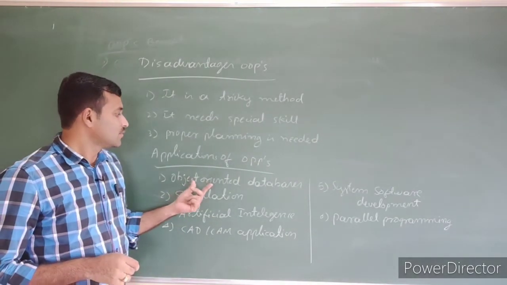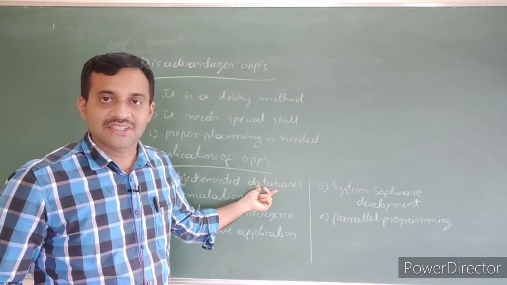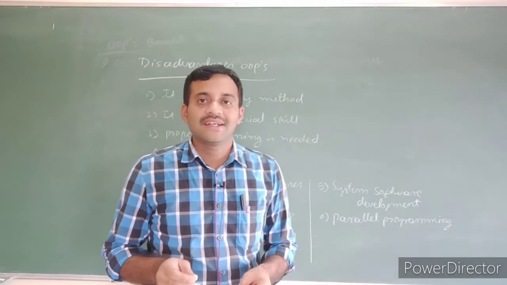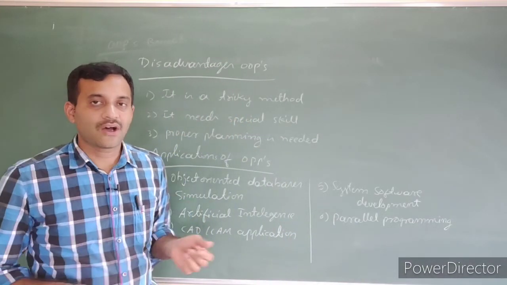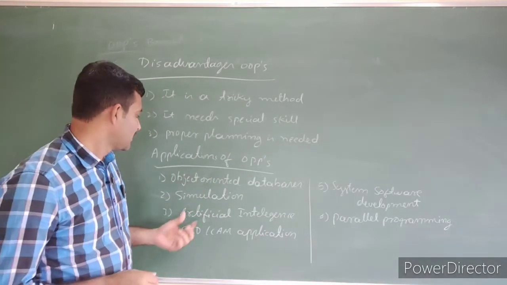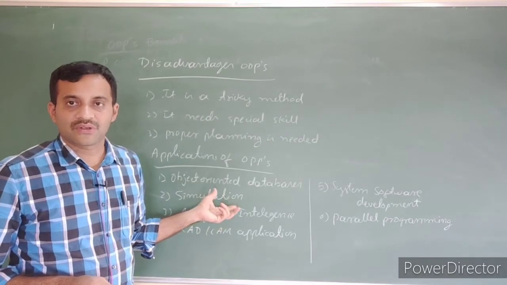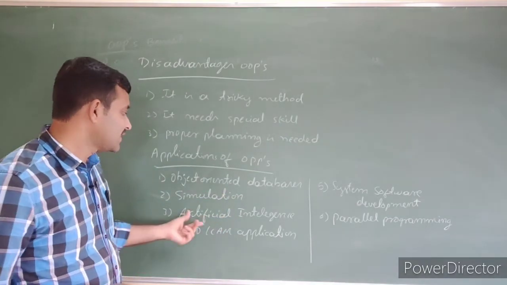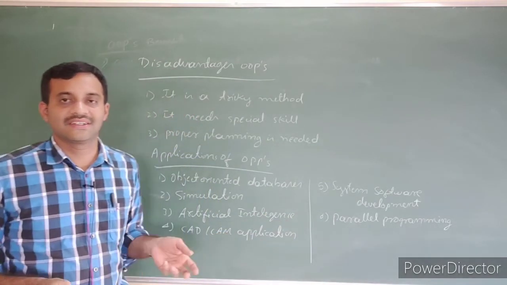First one is to create object oriented databases. Databases store logically related data. To construct an object oriented database, we use object oriented programs. Then simulation, it is one of the techniques in which we use object oriented programming. Artificial intelligence. Nowadays we work with artificial intelligence technology.